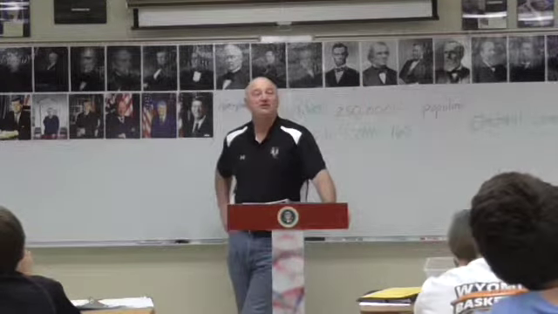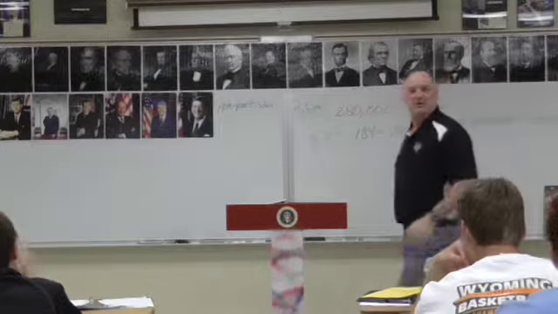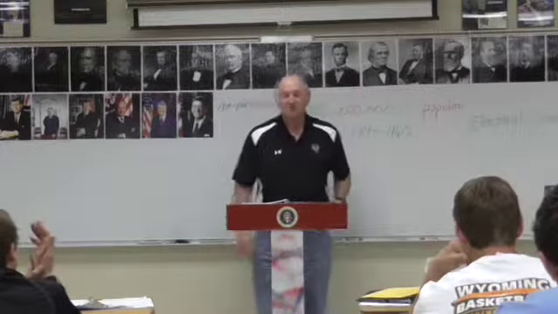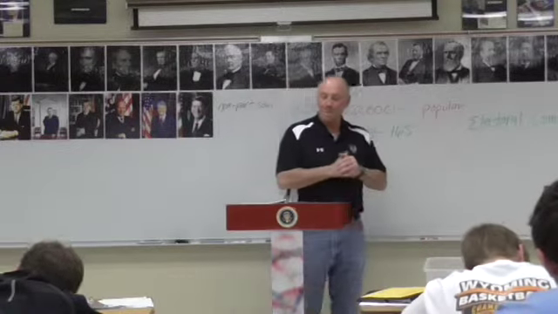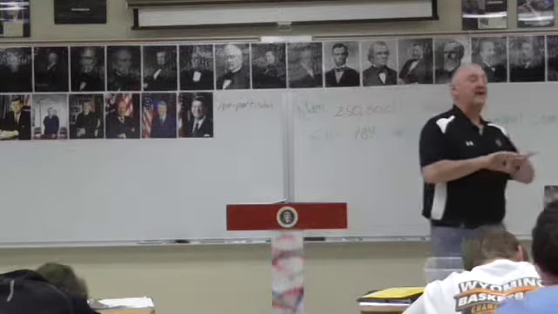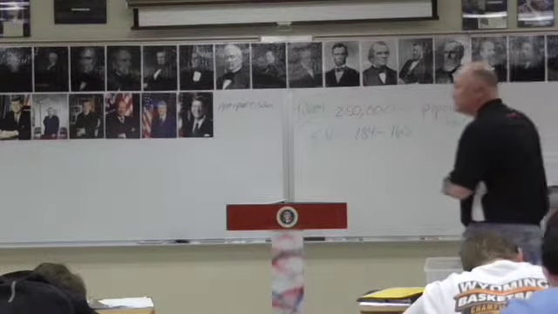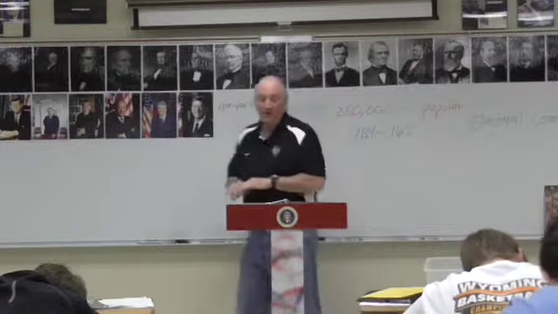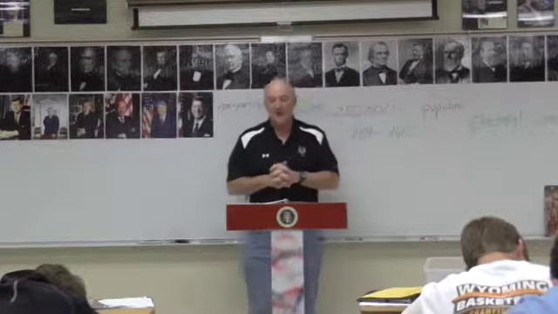Anybody want to guess what they were? The stalwarts and the half-breeds. So the Republican Party became fragmented after the election of 1876, and there were two parts. One referred to themselves as stalwarts, and the other as half-breeds.